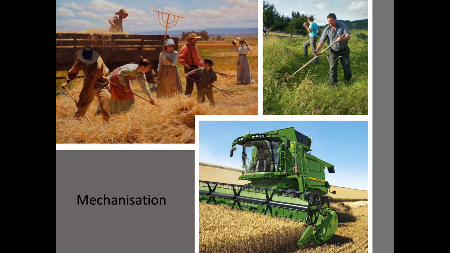You can get big farm machinery that will do it for you. Exactly the same in fishing. You can buy lots of technology that will do it all for you. So the replacement of people with machines, which is called mechanisation, will dramatically reduce the number of people that you need. All right, so that's the first reason the primary sector has declined.